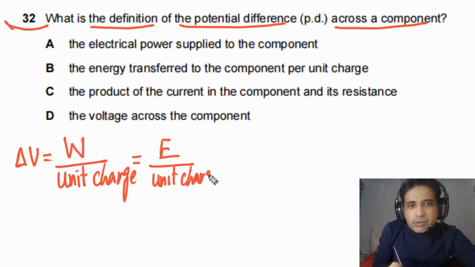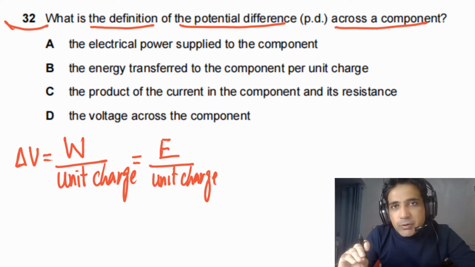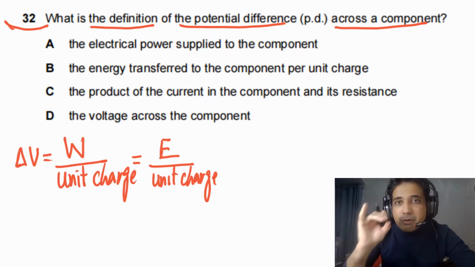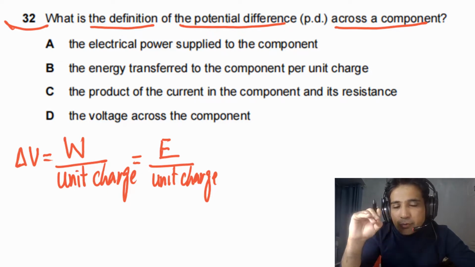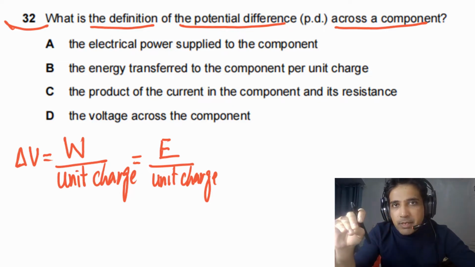It means that when a unit charge passes through a component, how much energy is transferred to the component. In the case of a resistor, when a unit charge passes through it, how much electrical energy is converted into thermal energy. That is potential difference.